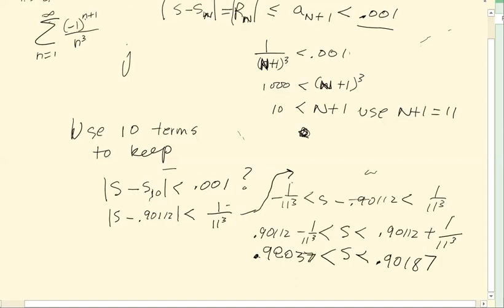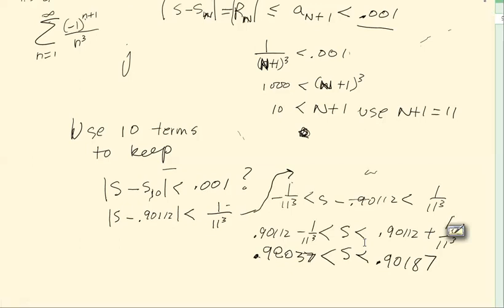Pretty close, though. As you can see, pretty tight range of values there. So that sum, by just taking 10 terms, you have a pretty accurate value for the entire sum. It's in between these two numbers. That's what the theorem guarantees.